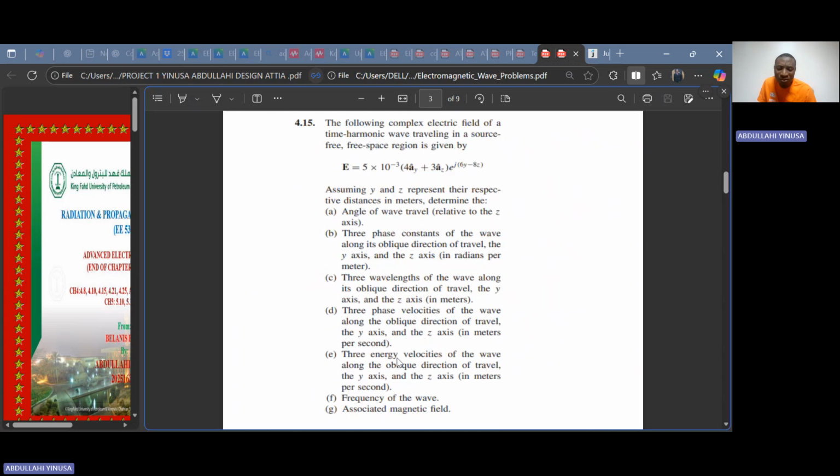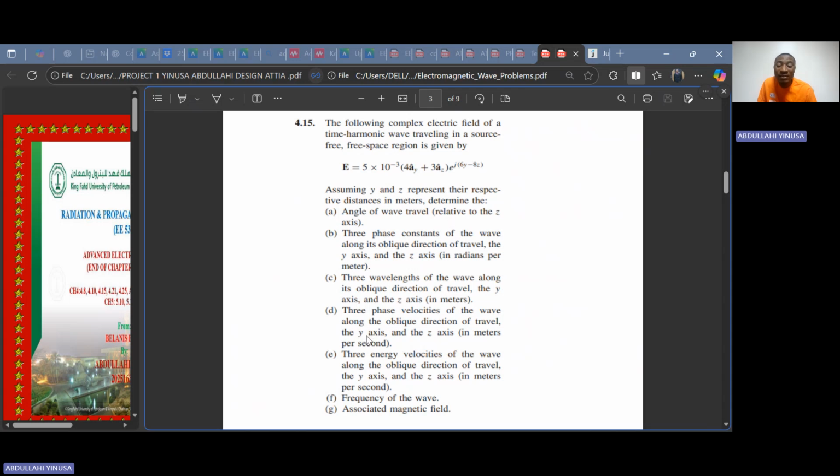The beta here is going to be 10. So it means you are going to multiply it by C. When you multiply it by 10, it's going to give us the final answer. When we multiply it by 0.6, that's 10C, 10 times 3 times 10 to the power 8 divided by 6.